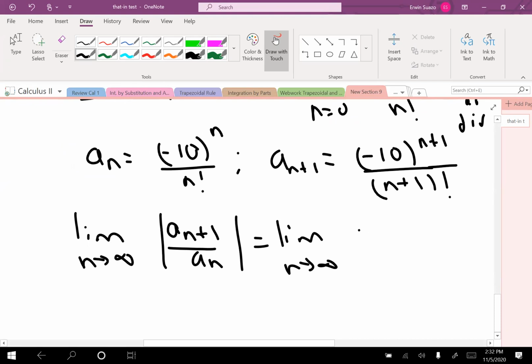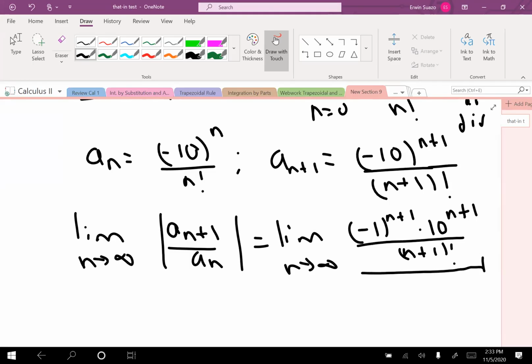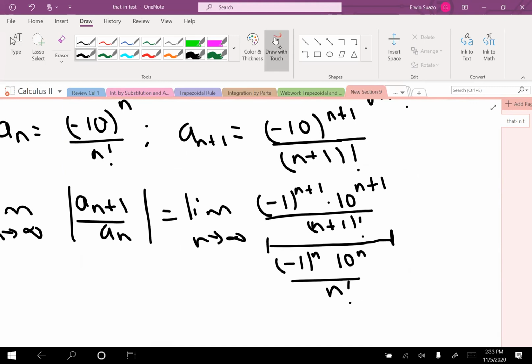So we could put it like this: minus 1 to the n plus 1 times 10 to the n plus 1, divided by n plus 1 factorial, and the whole thing divided by a_n. And a_n is minus 1 to the n, 10 to the n over n factorial, with absolute value.